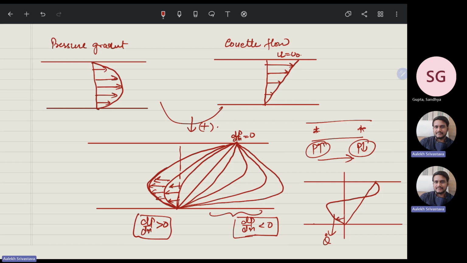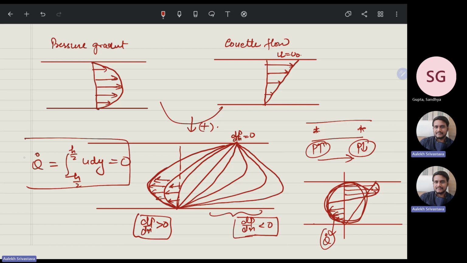That means whatever flow is happening in this direction, the same flow is happening in the opposite direction. So you get a net no flow in the channel, and the flow is reversing in this circular pattern. For that, you need only Q dot equal to the integral from minus h by 2 to h by 2 of u dy equal to 0.